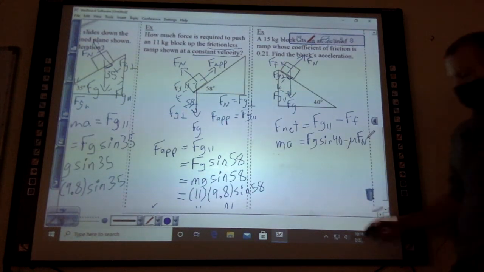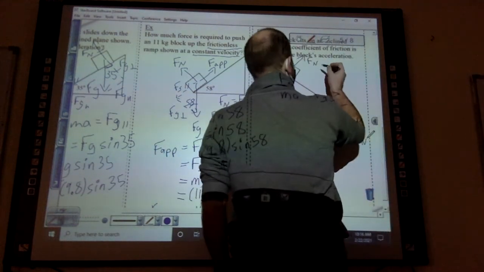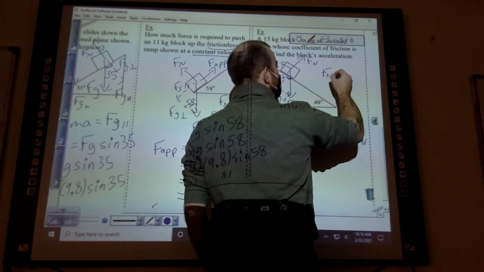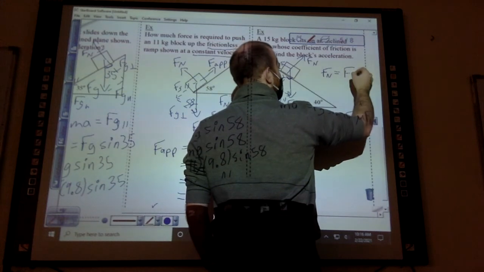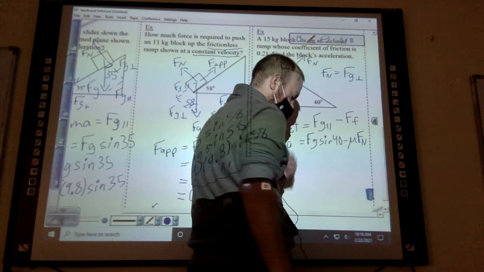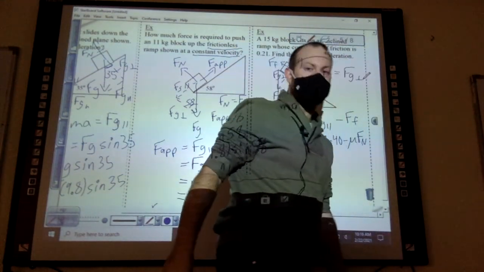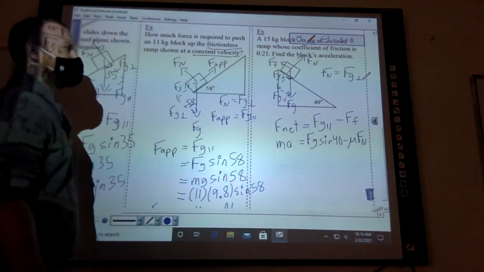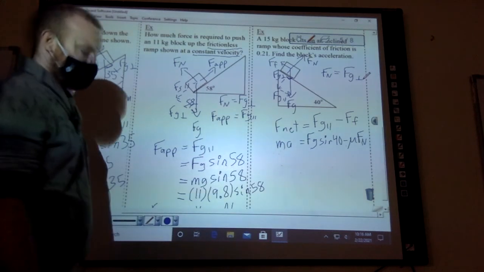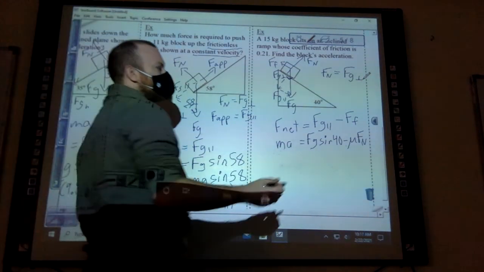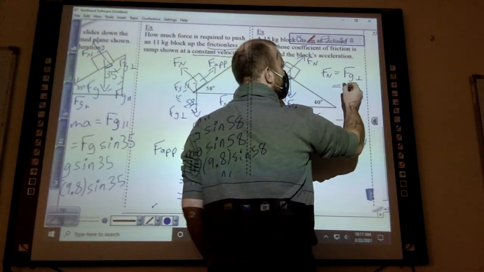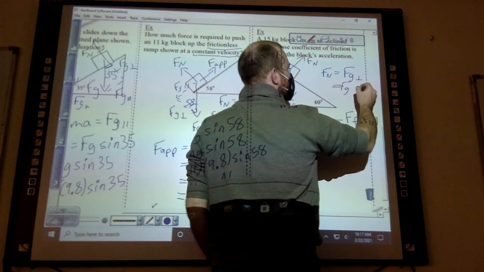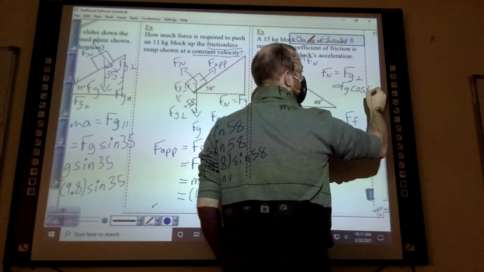Yeah, so in this case, my force normal is equal to FG perpendicular. This is because we're not accelerating up or down off the surface. It's just like this. So in order to get that, here's where we're now going to use cosine 40.